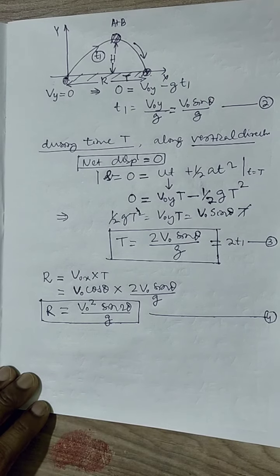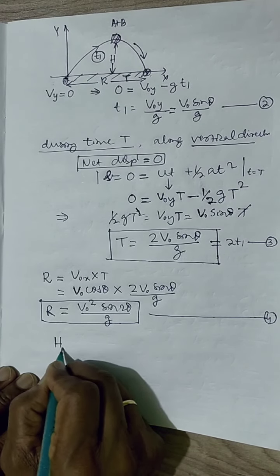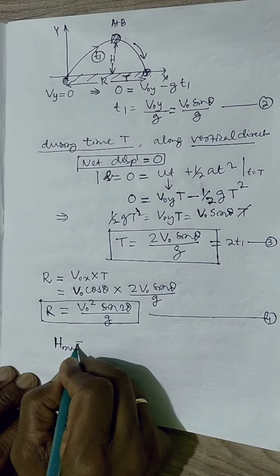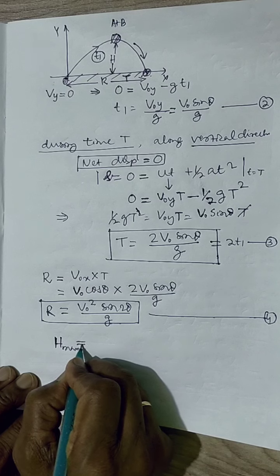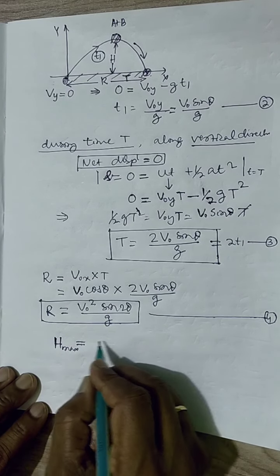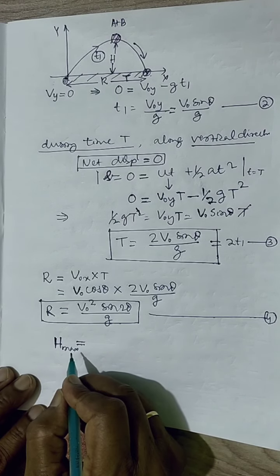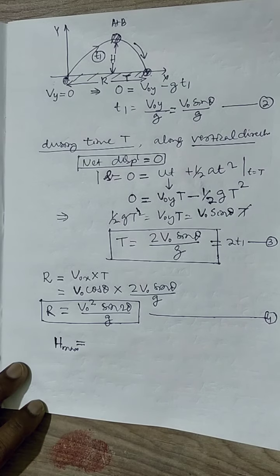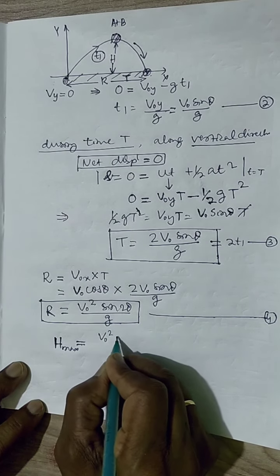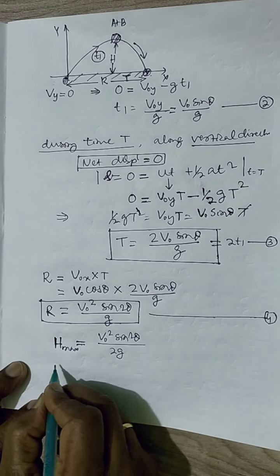Summarizing, we find that the maximum height it has attained is v0 square sin square theta by 2g.